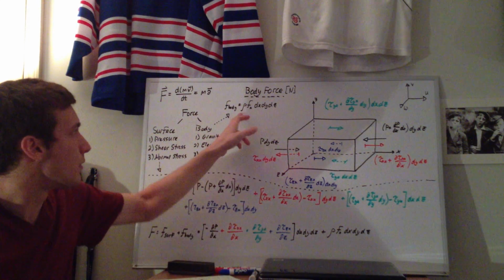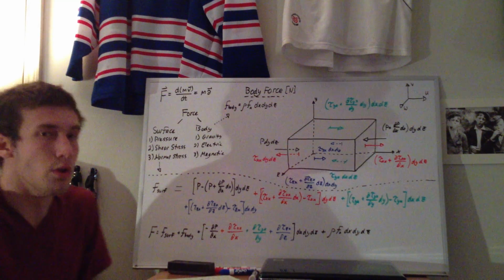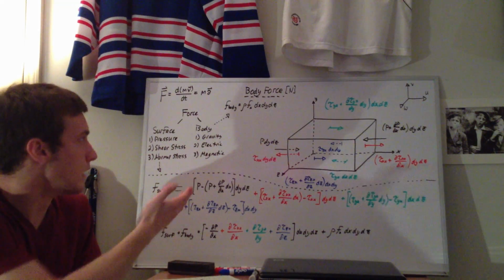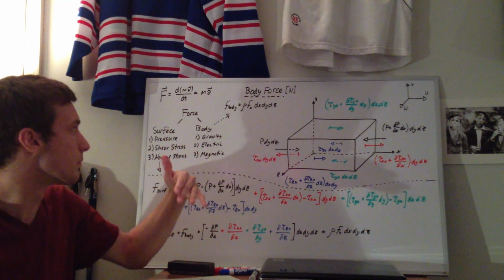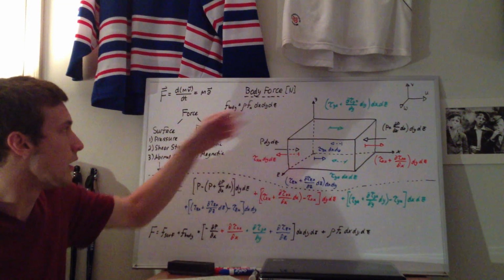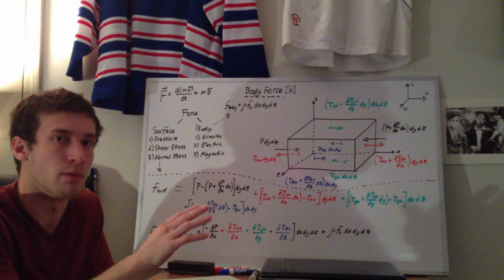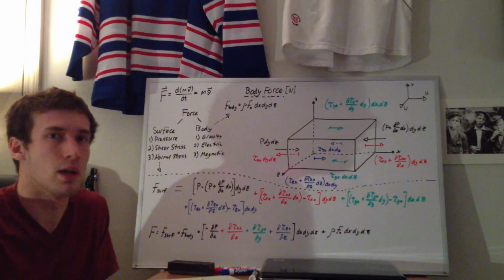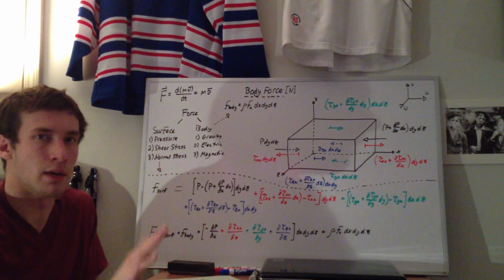So the body force, which we'll call F sub body, ends up being in newtons, because F sub x is newtons per kilogram, and that cancels out with the mass. Okay, so that's the body force. We don't need to do anything more with it because it's general. You can always split it up into gravity, electrical, magnetic, but we just leave it as a body force.